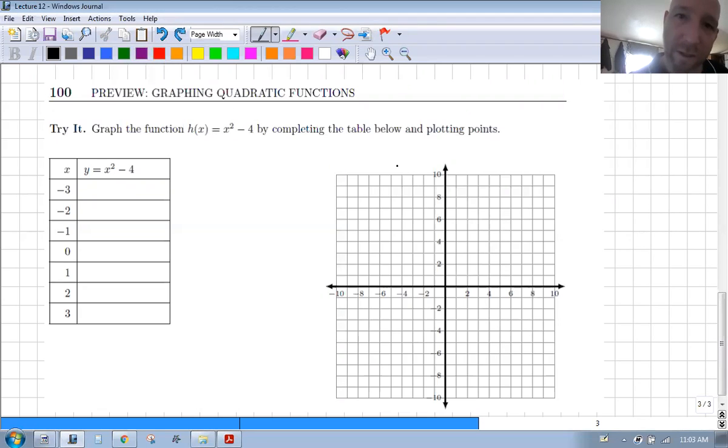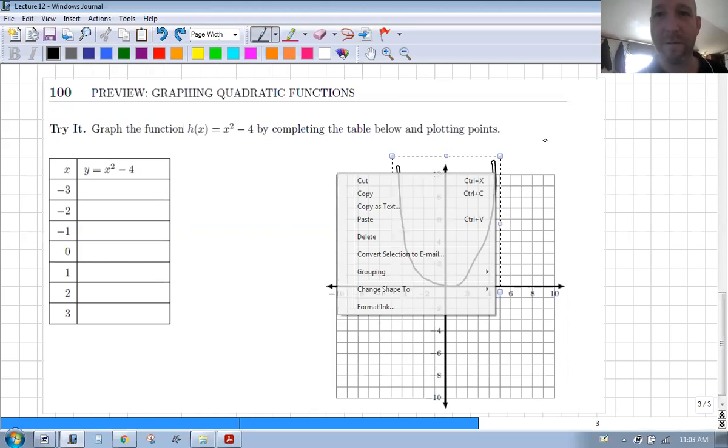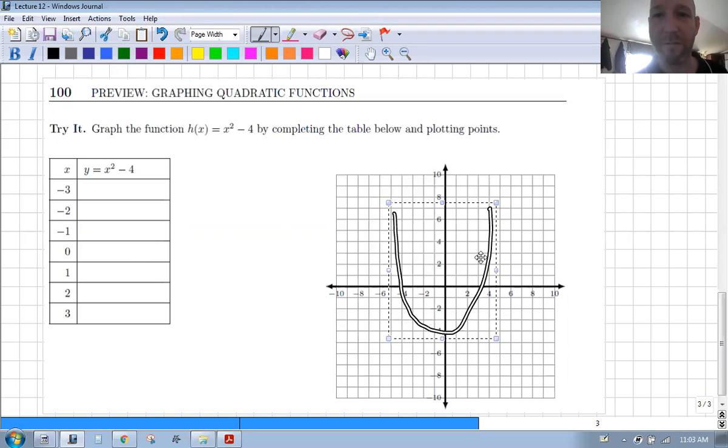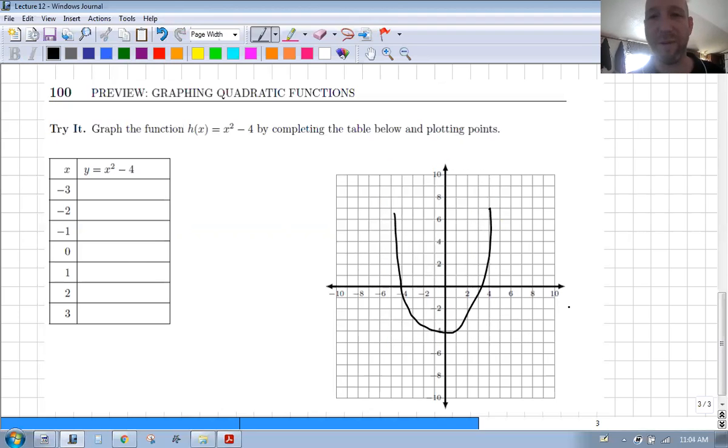If x squared looked like this, subtracting 4 from it, remember the output is how far you go up or down, right? If you subtract 4 from everything, you're going to end up with that. This is all going to be moved down 4 units.